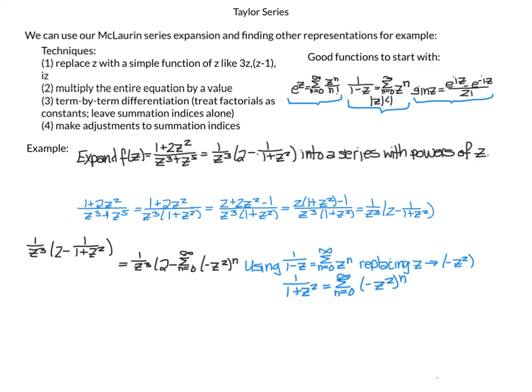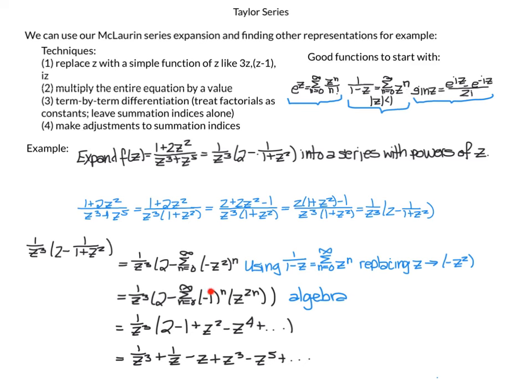That is going to give me 1 over 1 plus z squared equals the sum from n equals 0 to infinity of minus z squared to the n. So that's exactly what I'm going to plug in. I have my 1 over z cubed, I have my 2 and my minus, and then here I'm going to plug in this formula, the sum from 0 to infinity of minus z squared to the n.